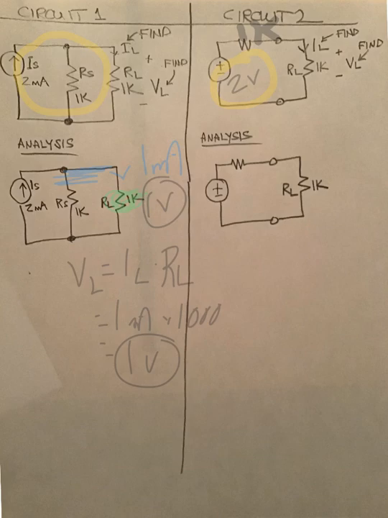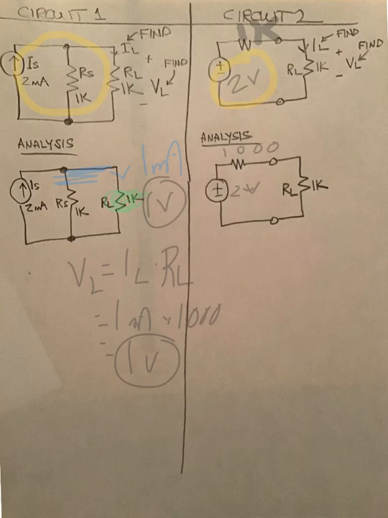Okay, so if we do a calculation here, we've got a 2 volt source here, and we've got 1,000 ohms out here and 1,000 ohms in the load position. Logic, you guys are pretty smart. It says, I have a 2 volt battery.